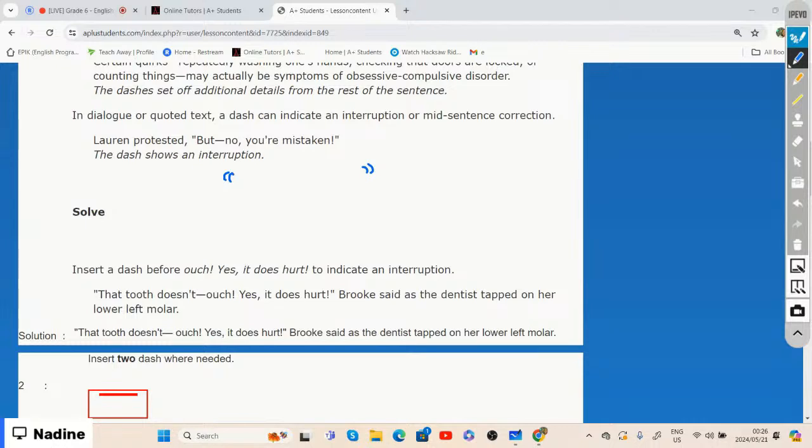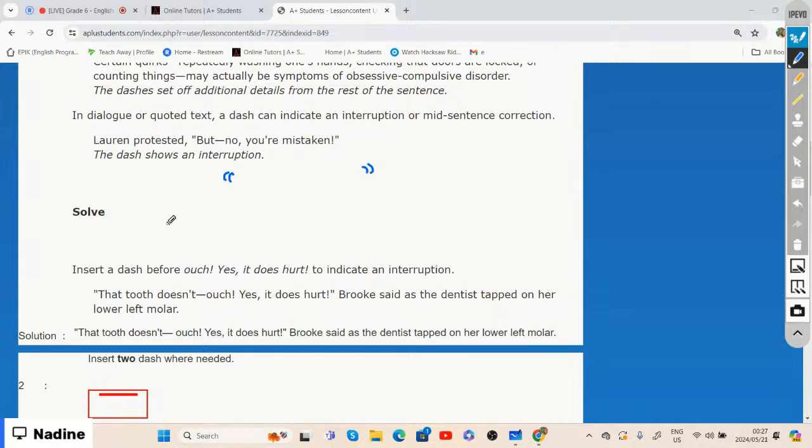When you say something directly that the next person says, you need to put it in quotation marks, and that is a quote. It's like saying, Lauren protested. It's not telling us what Lauren is saying, but, no, you're mistaken. That is what Lauren said, and whatever Lauren said is in quotation marks, directly what she said.